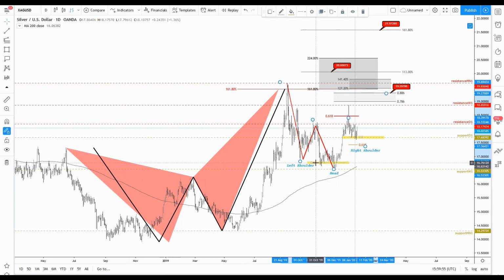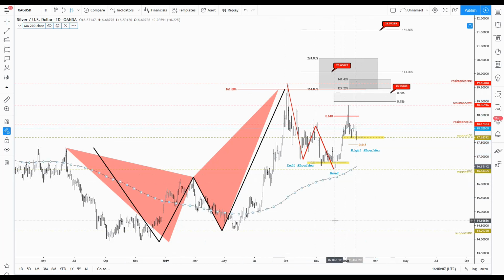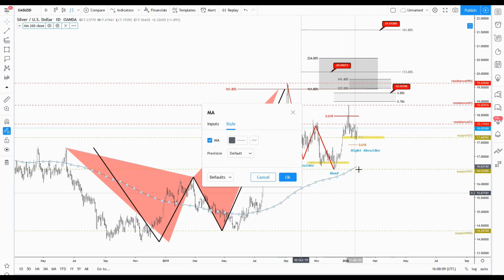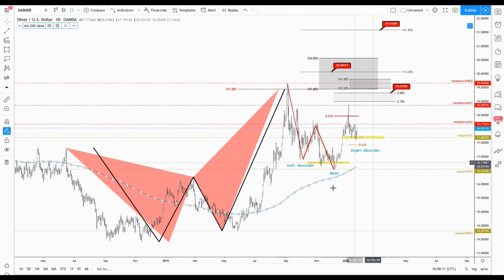We have the price finding support at the 50% Fibonacci retracement, failing the 200 daily moving average. So I will not ignore the possibility for the market to retest or to find some pressure at that daily moving average. But at this point, this is what I see for silver.